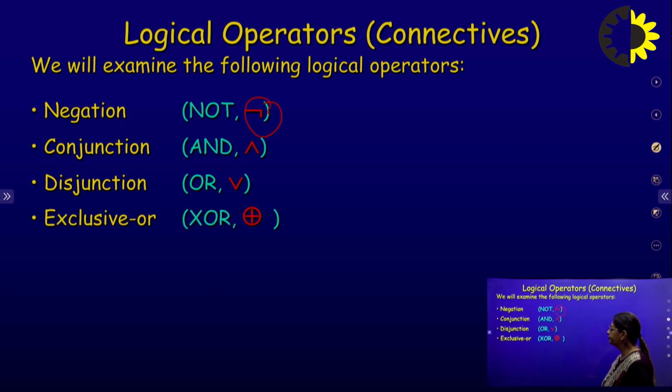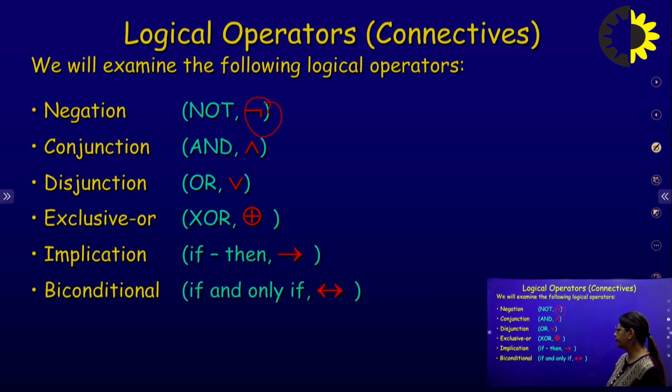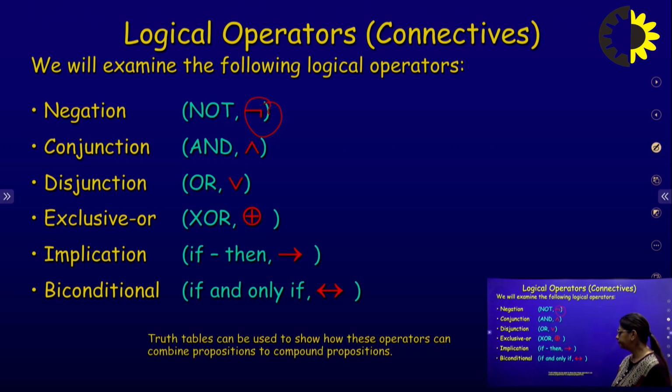Exclusive or has the symbol plus with a circle around it. Implication, implies, means an arrow: which statement implies the other, the arrow points in that direction. Biconditional, if and only if, means both conditions depend on each other.